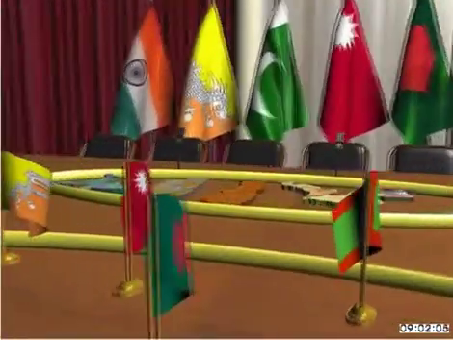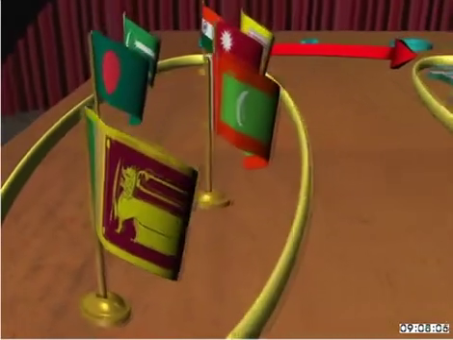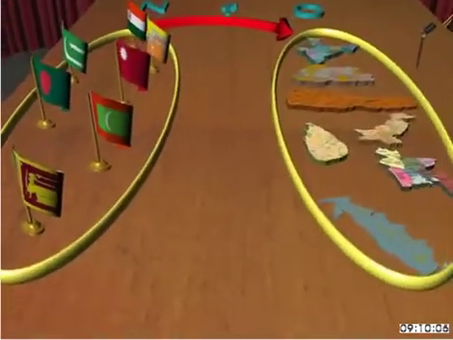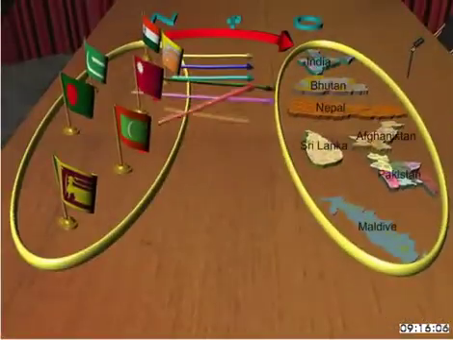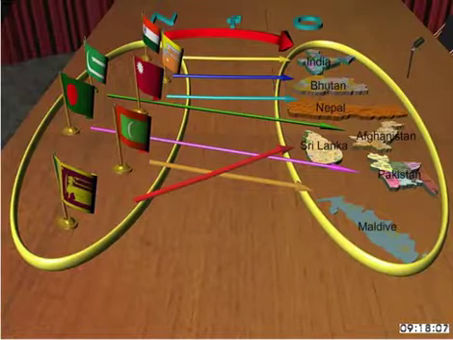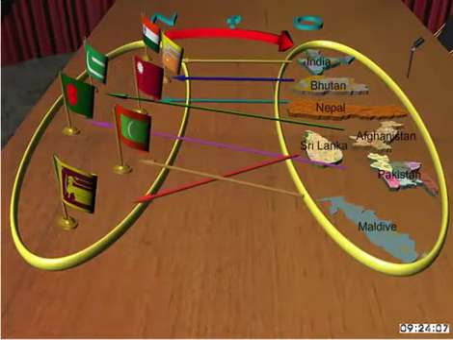Consider the function f as "is a national flag of" from the set N of national flags of South Asian countries to the set O of all South Asian countries. Then for each national flag there exists an associated country and corresponding to each country there is a national flag belonging to it.